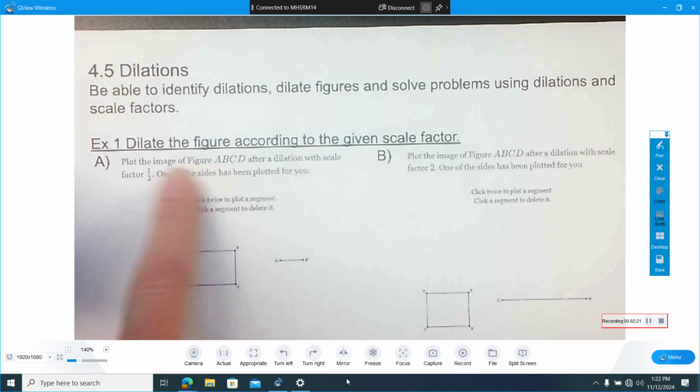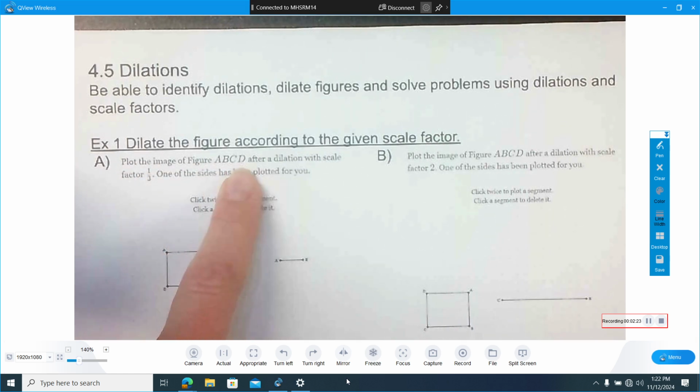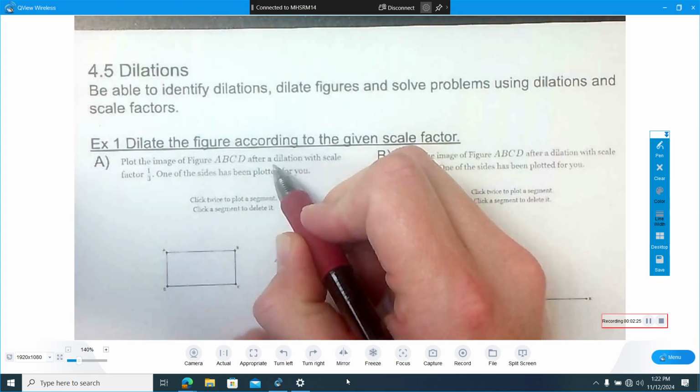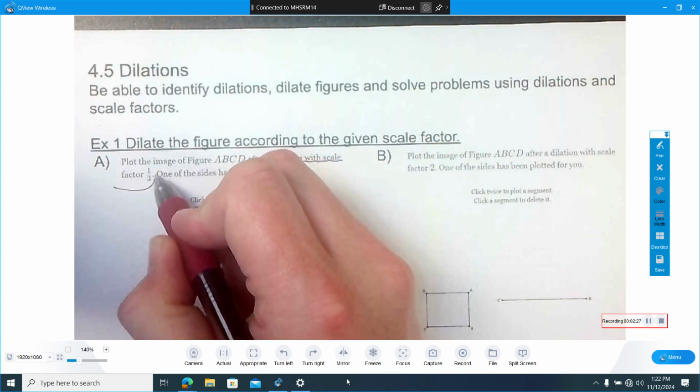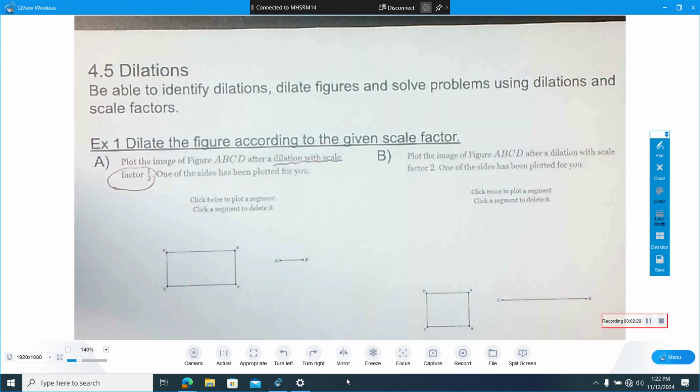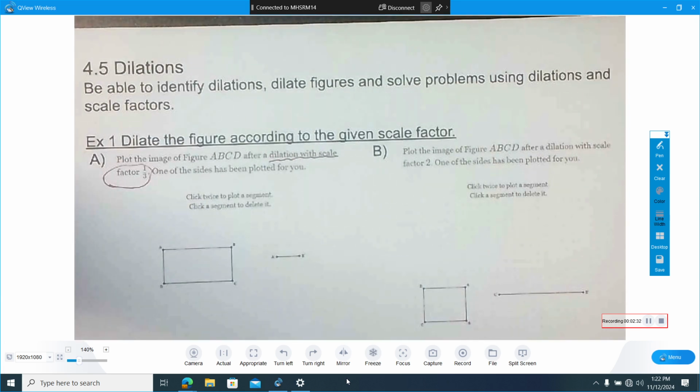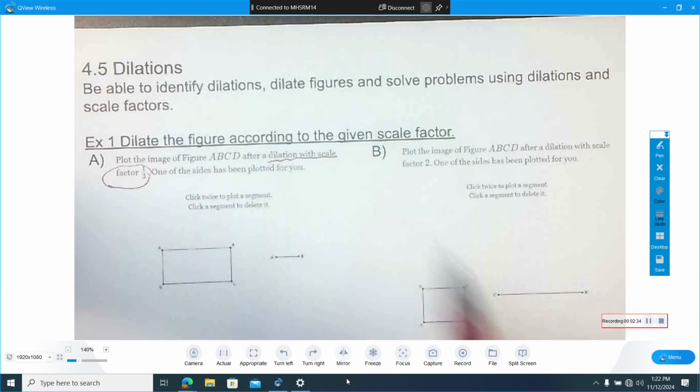Plot the image of figure ABCD after a dilation with scale factor 1/3. One of the sides has been plotted for you. Ladies and gentlemen, you should pay very close attention to the segment that they have given you for your figures.